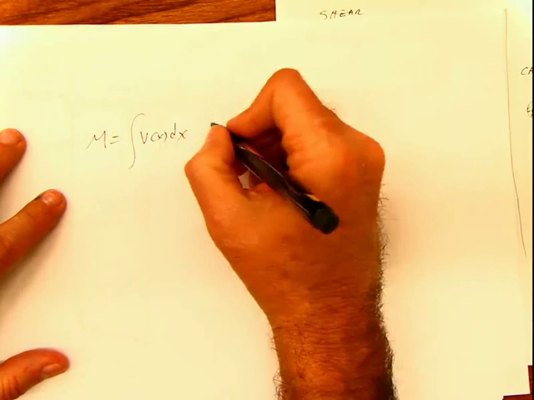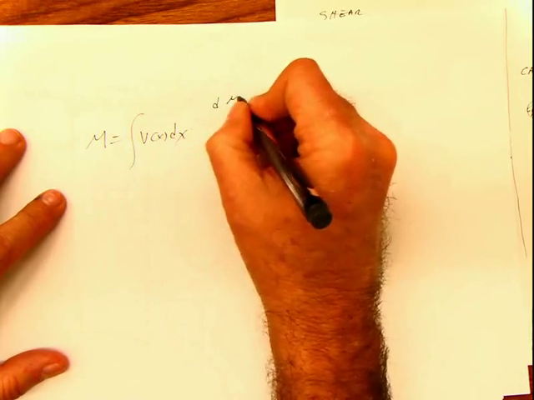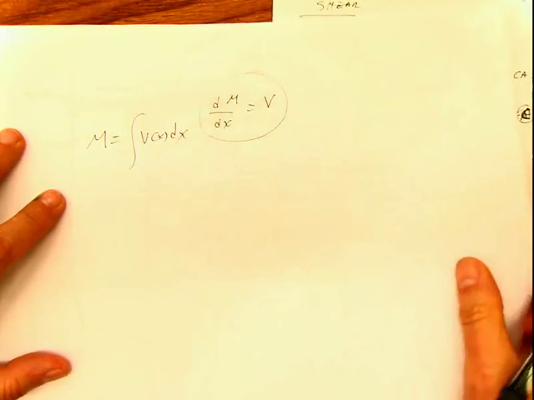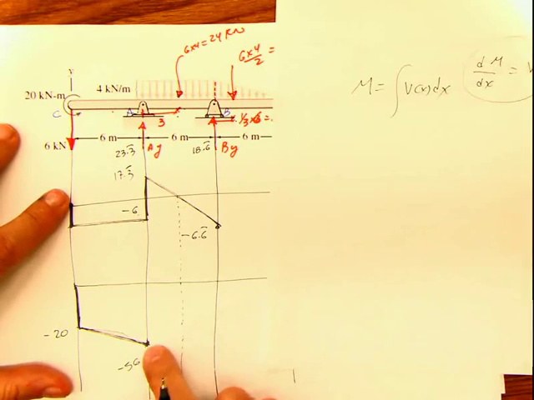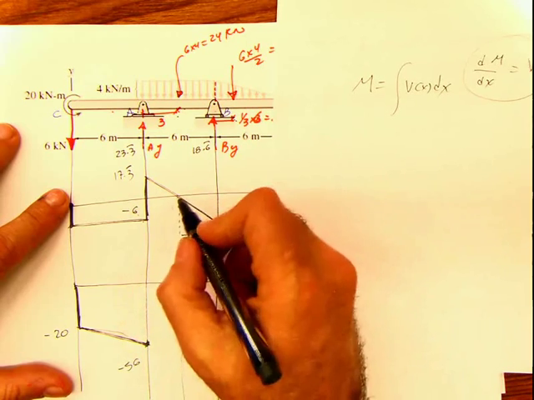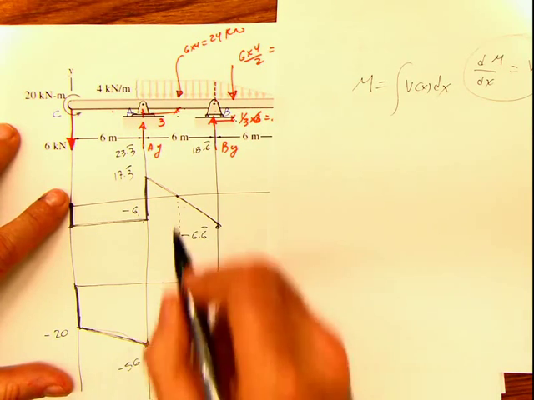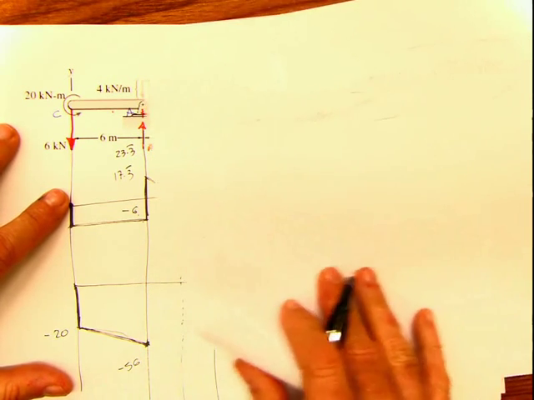That means that the derivative of the moment with respect to x is the shear. And whenever the derivative is 0, because this is the derivative of the moment, the function is going to be either a local maximum or a local minimum. So that's a point of interest for me, and I need that point.